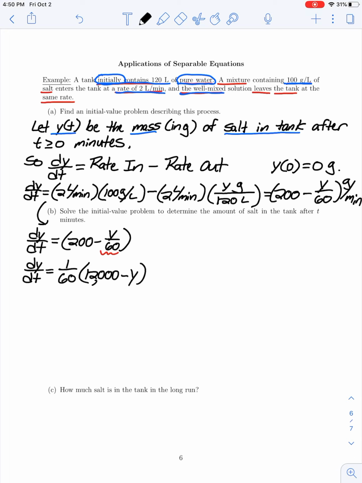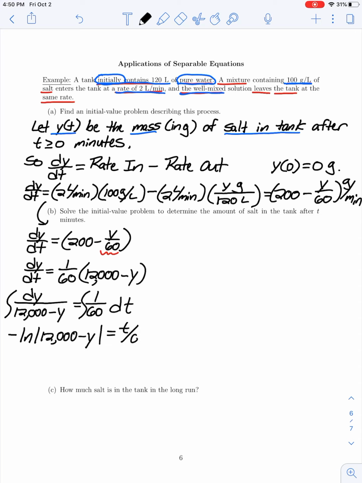If I want to solve this equation, I could separate my variables as dy over 12,000 minus y is equal to 1 over 60 dt. And now integrating on both sides, on the left-hand side, I would have the negative natural log of absolute value 12,000 minus y, and that's equal to t over 60 plus c.